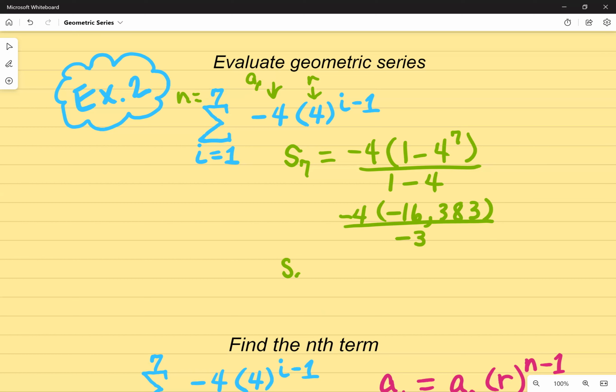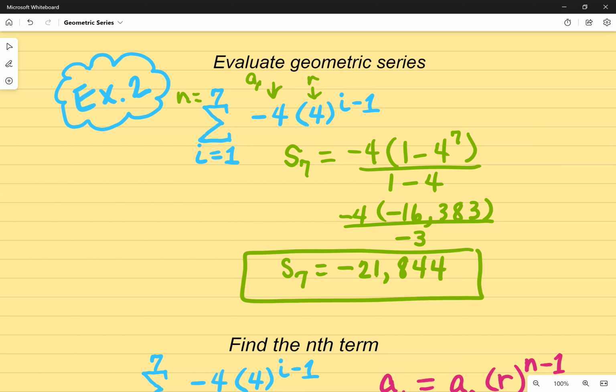So after I finish simplifying everything, put this in the calculator, I end up with S sub 7, adding all of my terms together, all 7 terms, my answer will be -21,844.